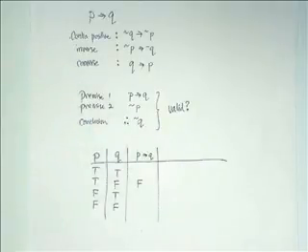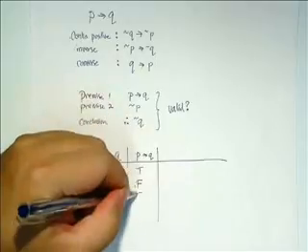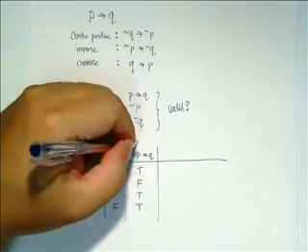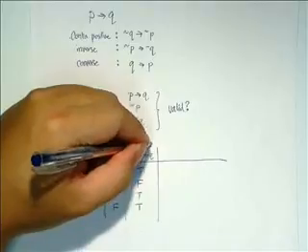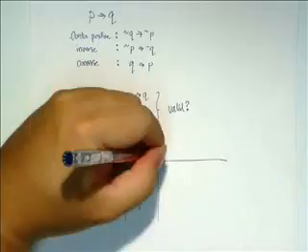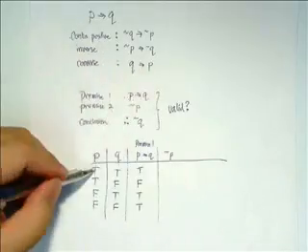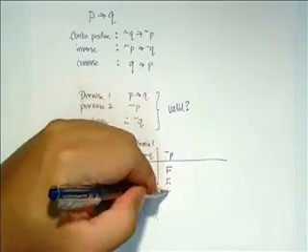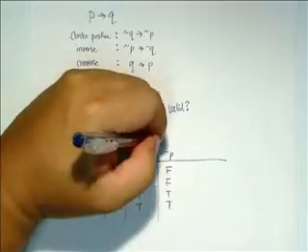All other cases will be true. So we have premise 1, you may want to label it. Then premise 2 is the negation of P, so it's quite easy to do. P is true, true, false, false, so over here it will be false, false, true, true. So premise 2.